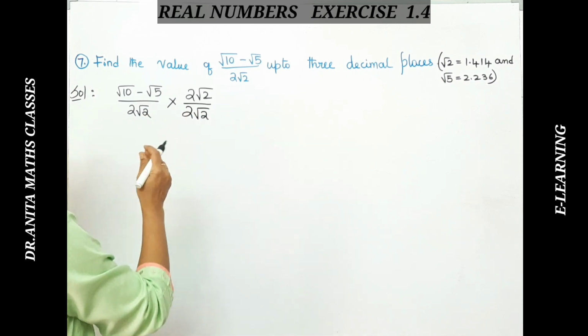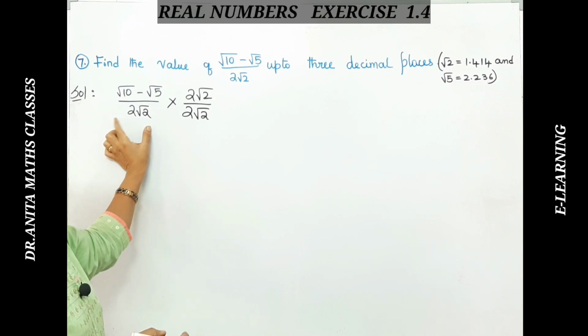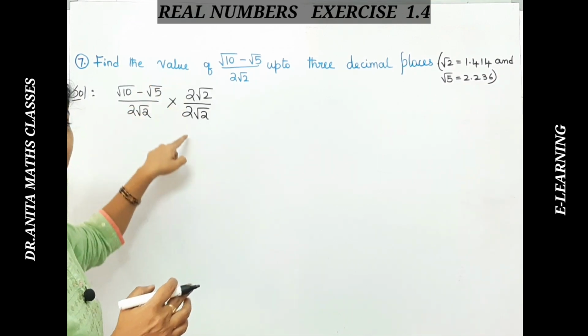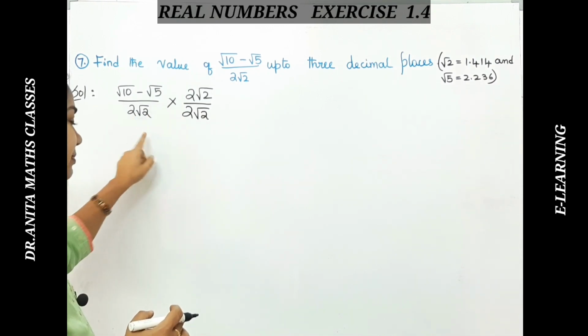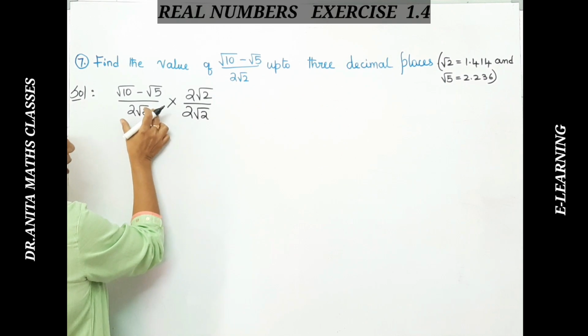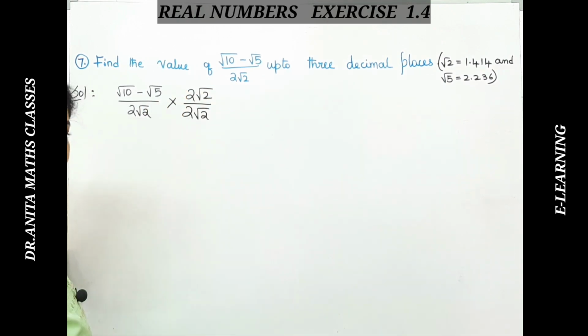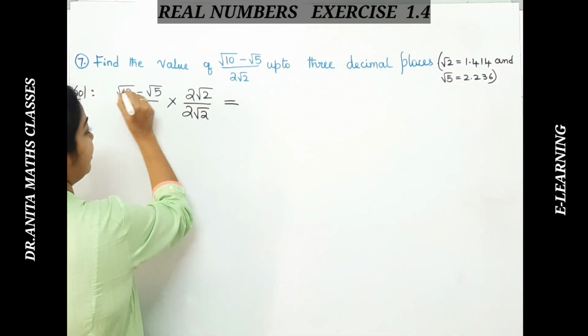Here there is no binomial, no term with plus or minus. If it is a plus root b, I will take the conjugate as a minus root b, or the rationalizing factor. But if you have only one term like this, you can multiply and divide by the rationalizing factor, RF, or we can also call it a conjugate. So we will multiply here.